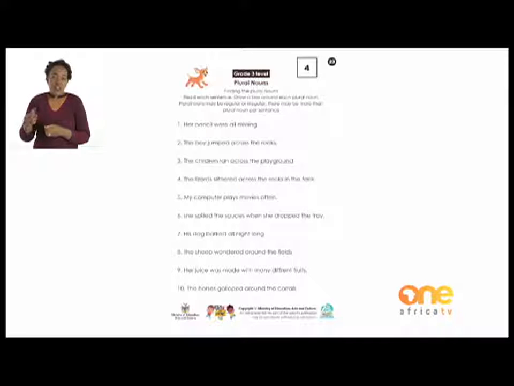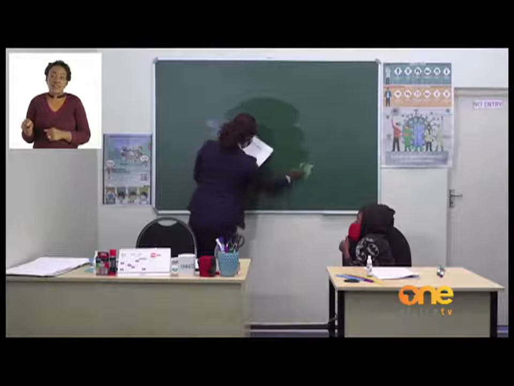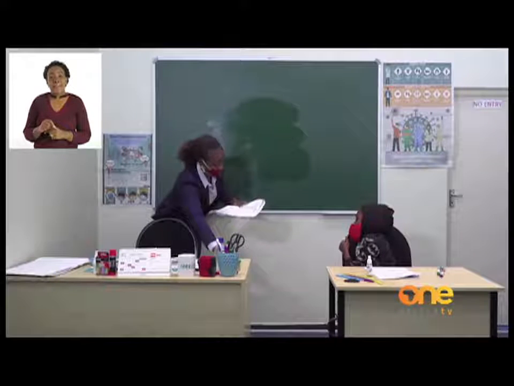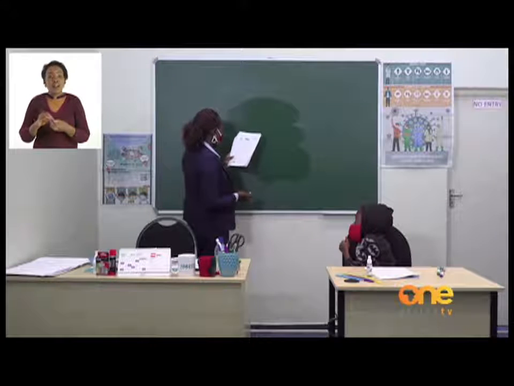Let's do number 1. We are told to draw a box around each plural noun that you can see from a given sentence. Okay? Let me rub here. Okay. Let's do number 1.